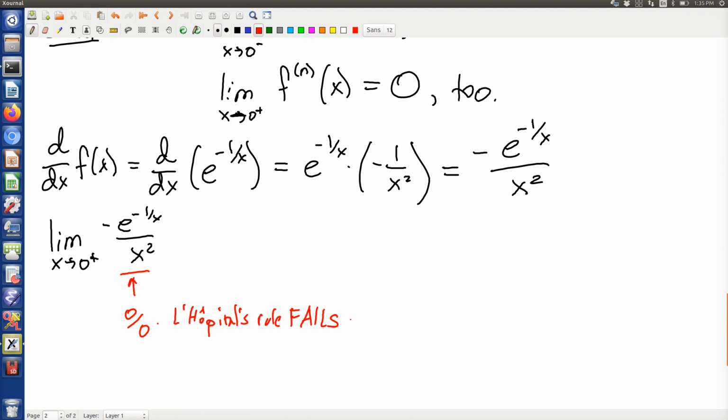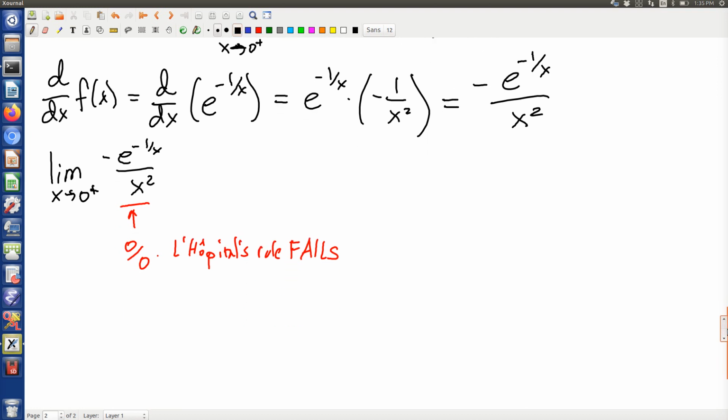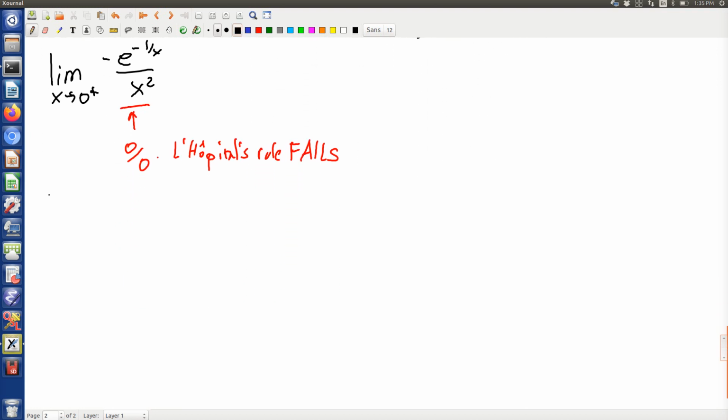Why? It's not that it's false. It's that it doesn't help. Because when I take a derivative of the numerator, it kicks out a whole bunch more fractions that end up with more x's in the denominator. And although I do get to clean up some of the denominator, it just doesn't help. So we want to do something else. And the thing to do is to actually use these logarithms. So strategy.